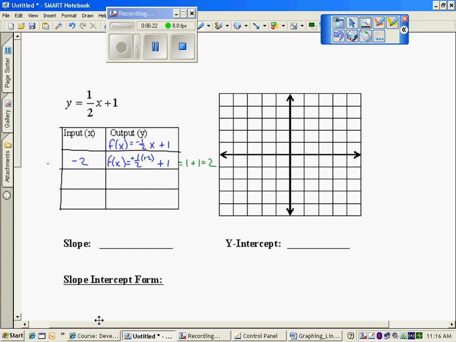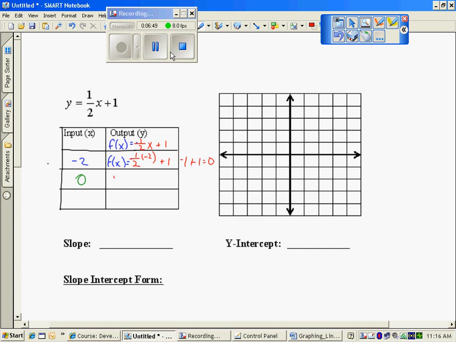Trying 0, putting f at 0. We need to go back and actually look at this first one again. My function isn't negative 1/2, my function is positive 1/2. So let's retry that here. My function is 1/2 x plus 1. 1/2 times negative 2 plus 1 would be negative 1 plus 1, which is 0.